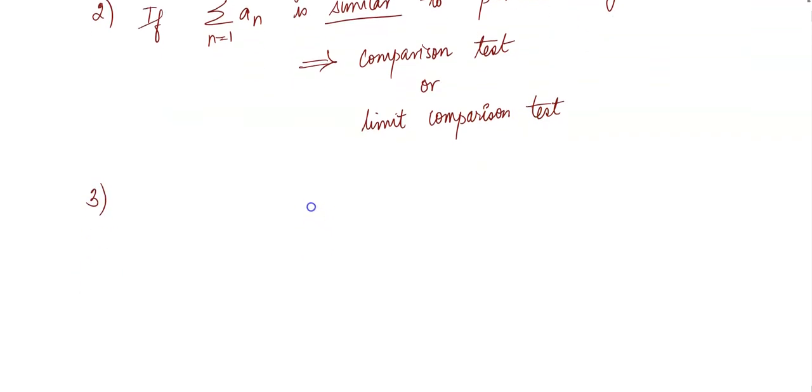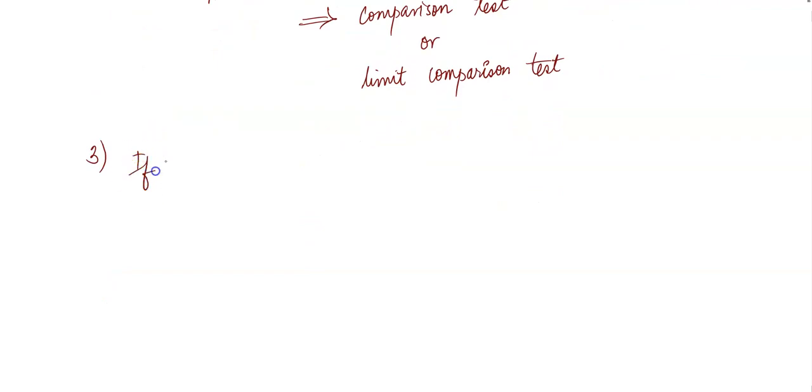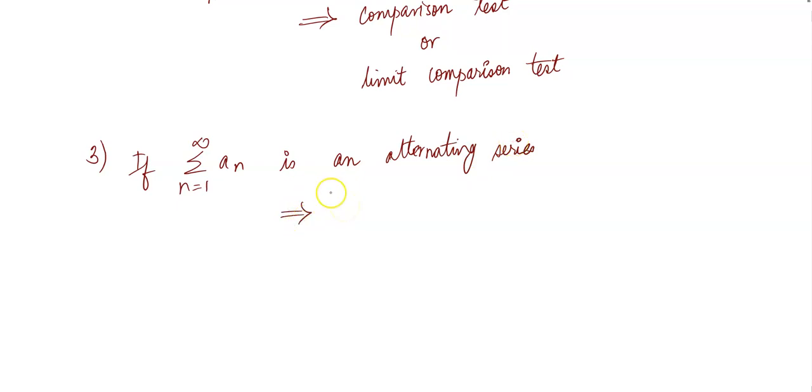In fact, we used that in one of our problems before. And if you come across an alternating series, if summation an is an alternating series, we saw that the alternating series test could be used. The test had 2 conditions, so if the 2 conditions are satisfied, then you know the series converges.